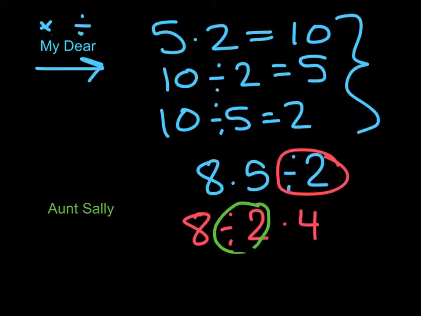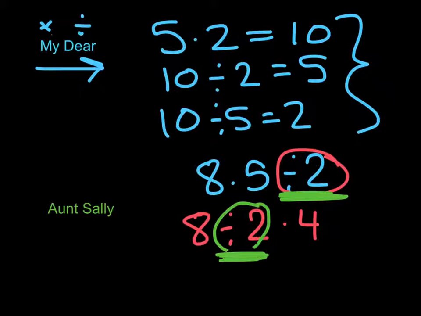If I wanted to multiply 8 times 4 and get 32, and then divide by 2 and get 16, that's okay. Or 8 divided by 2 is 4, and then times 4 is 16. So no matter what, as long as it's only the 2 that I'm dividing by, I'm good. Same with the other one.